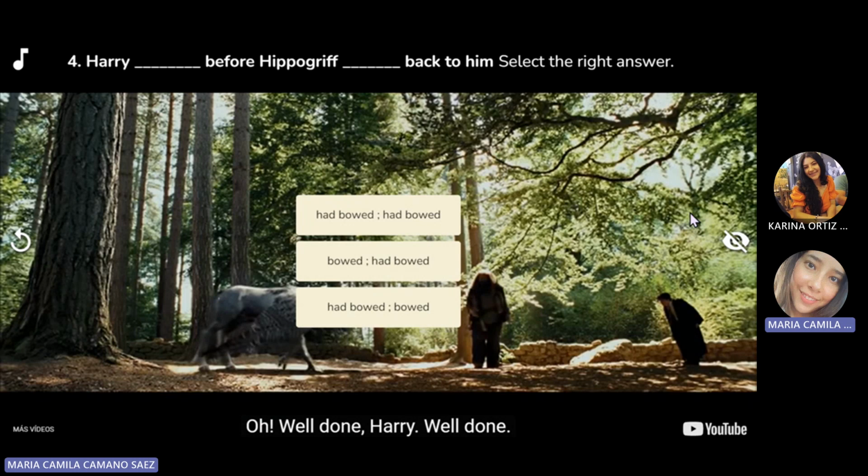Okay, Harry, before hippogriff to him. What do you think? Do you know what is the meaning of bow? No, teacher. Okay, in this case, bow is a verb. Oh, sorry. Shoo, shoo. Okay, in this case, bow is a verb that means something like, how do I explain the verb?